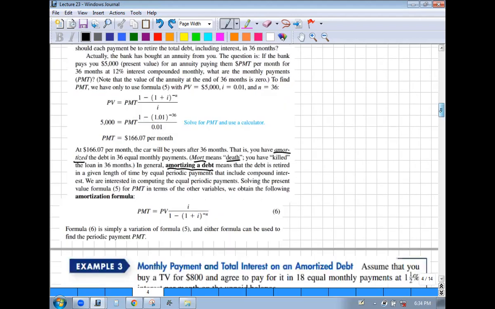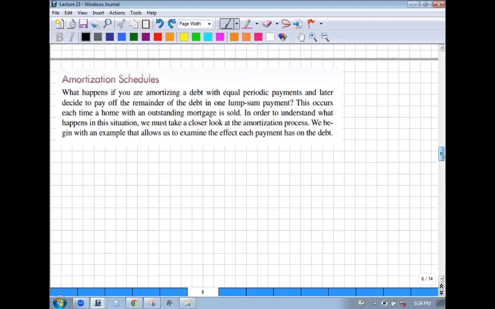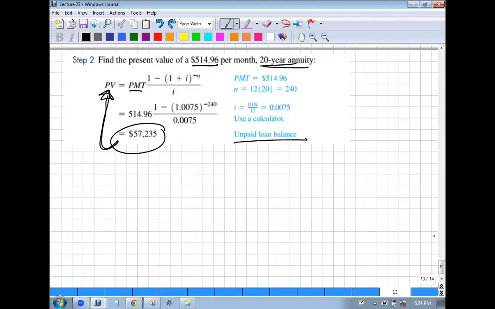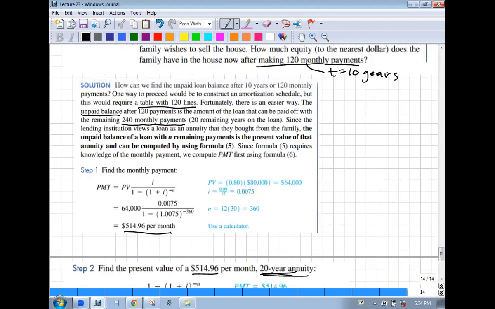So, where were we? So here's our unpaid loan balance. Well, no, I just wrote that's how much we paid off. This is the unpaid. Man, I'm misinterpreting this. The 20-year annuity. So what is this example? It's a 35-year loan. What are they asking us?